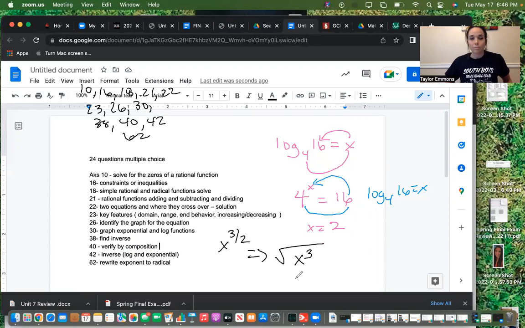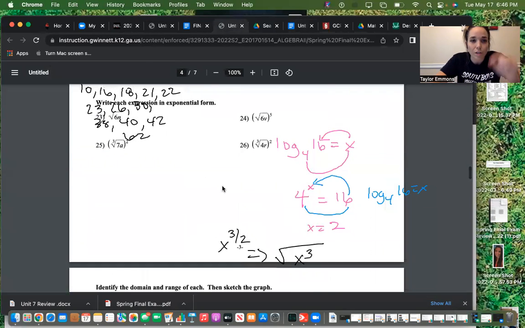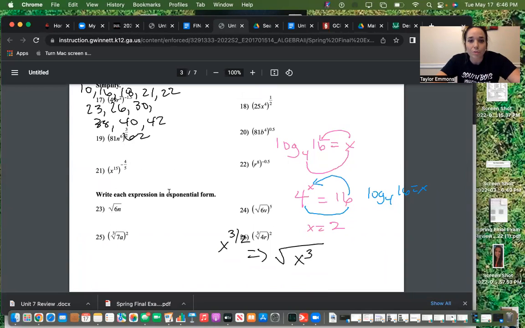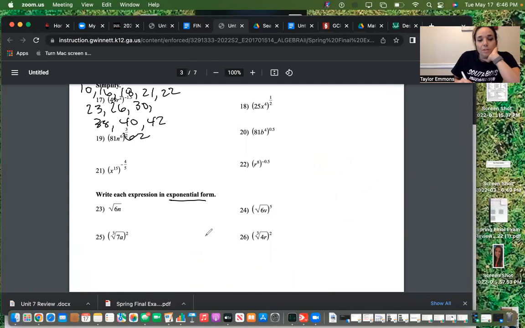If you want some practice on this, I would do questions 23 through 26. That's basically this AKS. Just to give you an example, if I had this one right here, 23, I want to rewrite this in exponential form.